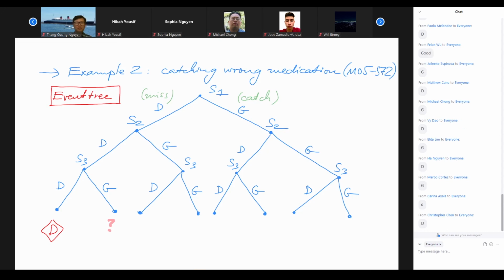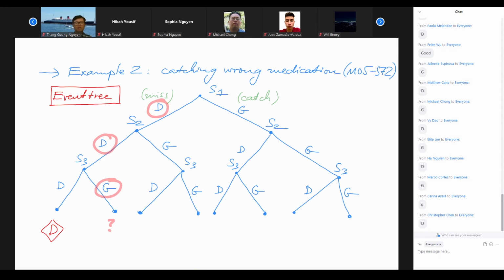Okay, so let me interpret what happens here. At the first stage, we missed the wrong medication. At the second stage, we also missed the wrong medication. But luckily, the patient themselves caught the wrong medication, right? So if one party caught it, then they will go back to the pharmacy, ask the doctors, things like that. So they will fix the wrong medication, right?